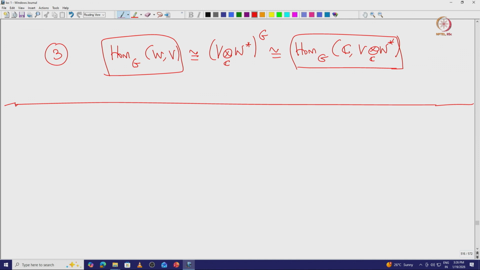So, before that what I want to do is talk about these group determinants. These are in a way what motivated the invention of this representation theory.